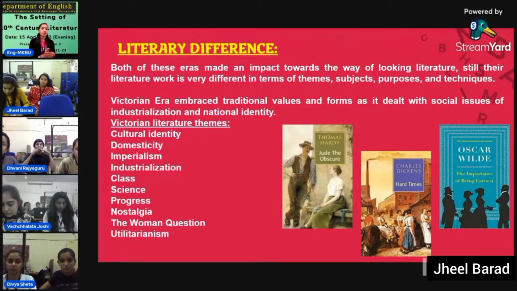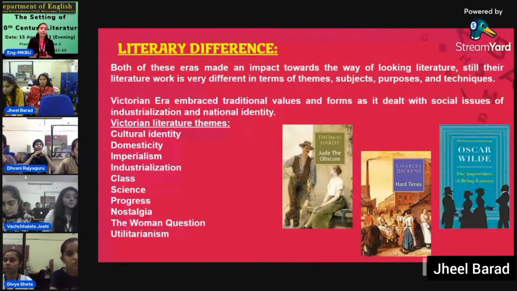The themes in Victorian literature are majorly cultural identity, domesticity, imperialism, industrialization, class, science, progress, nostalgia, the woman question, and utilitarianism. They were more embracing of traditional life. We can see the traditional life they were following, which we have read about in Pride and Prejudice.